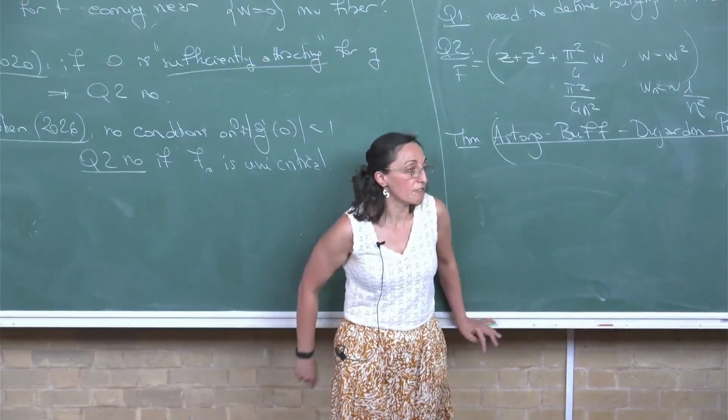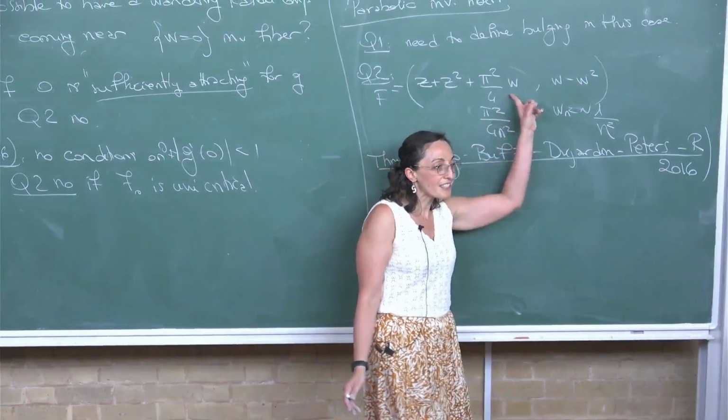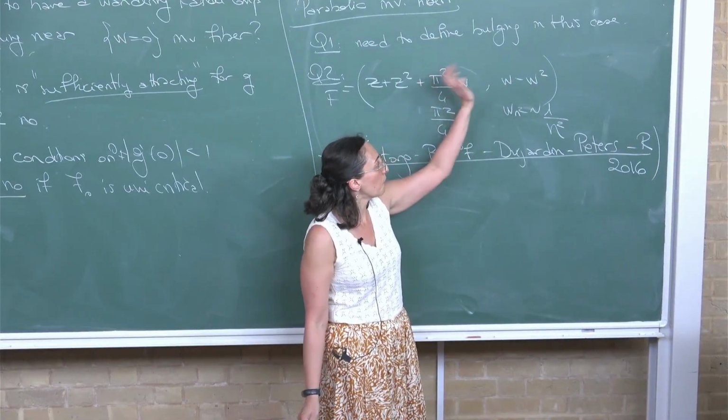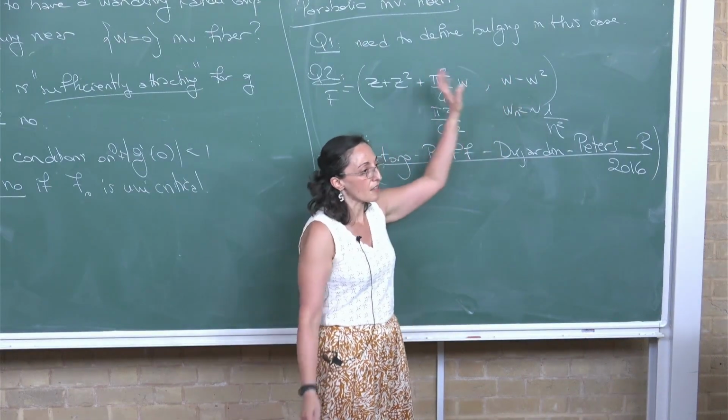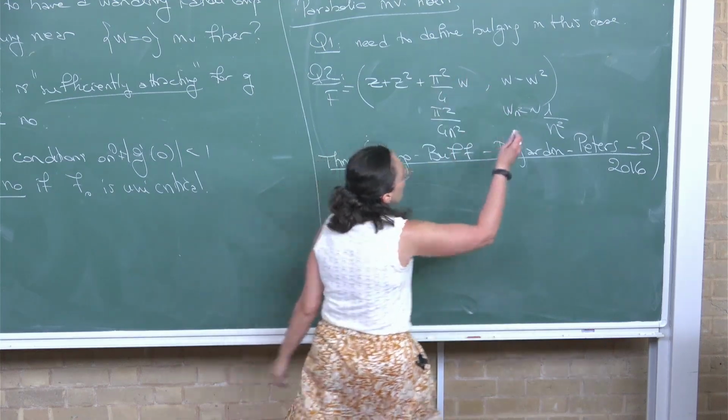So what we proved was that, well, if you take this map, of course, this is not what we wanted. We wanted something that is a polynomial extending to P2 and so on, so you add terms.